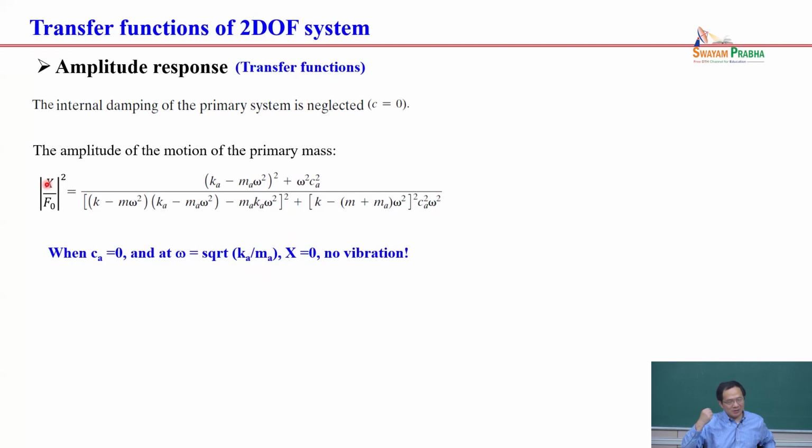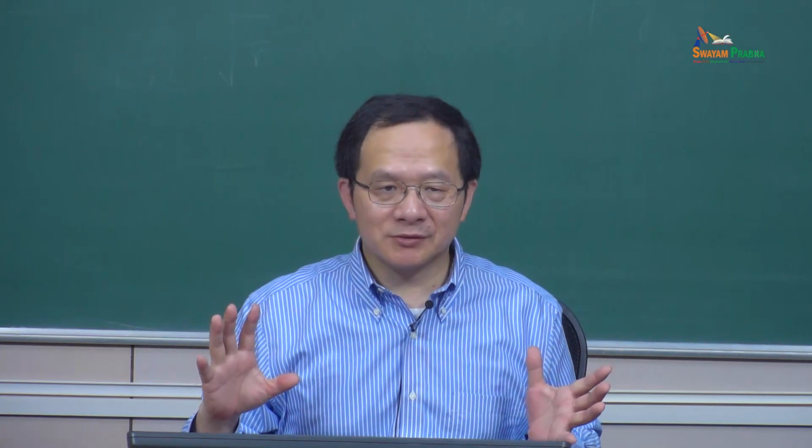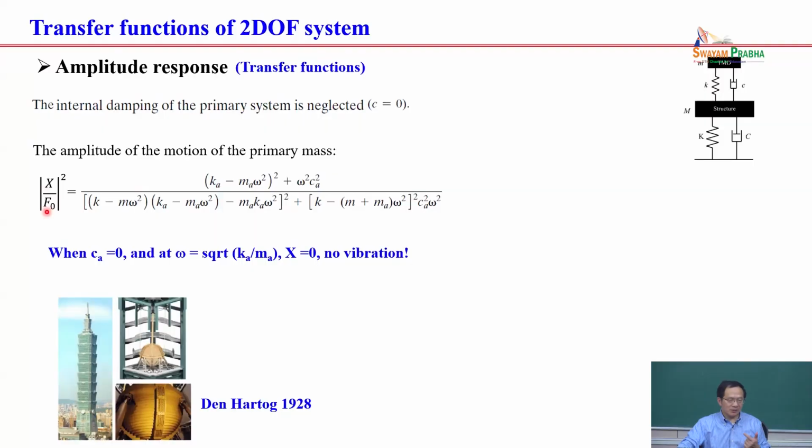That means you have force excitation on the system, but the primary system has no vibration, right? You completely kill the vibration using one small mass. So that is the vibration absorber, we call it dynamic vibration absorber or tuned mass damper.